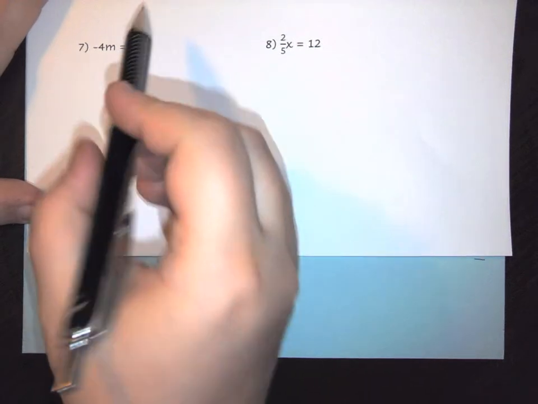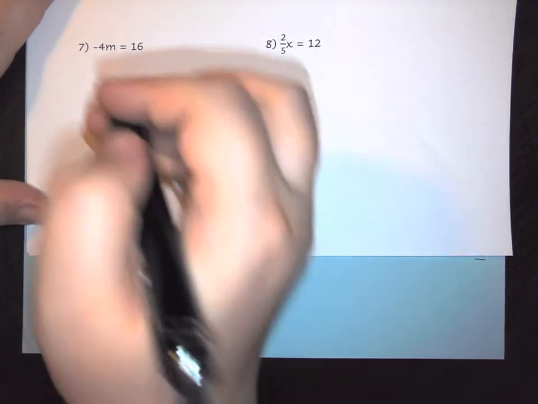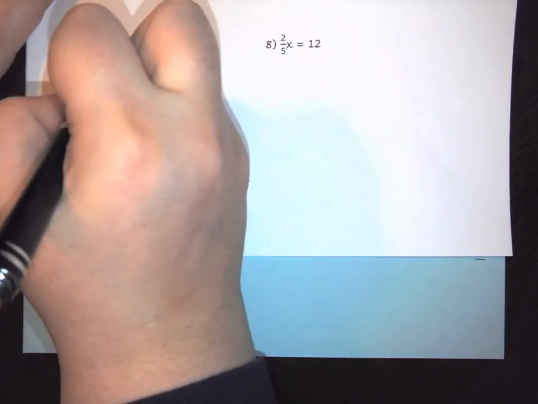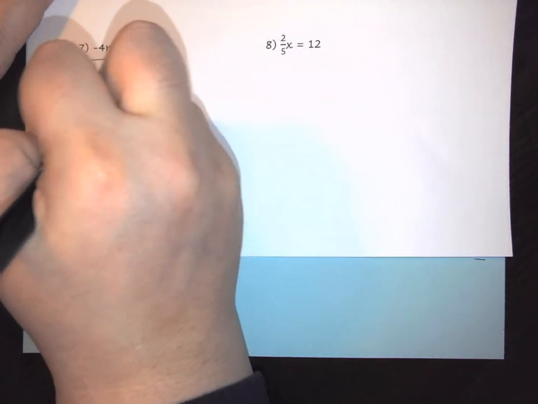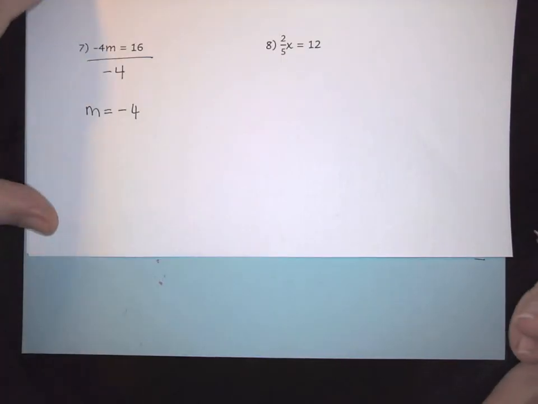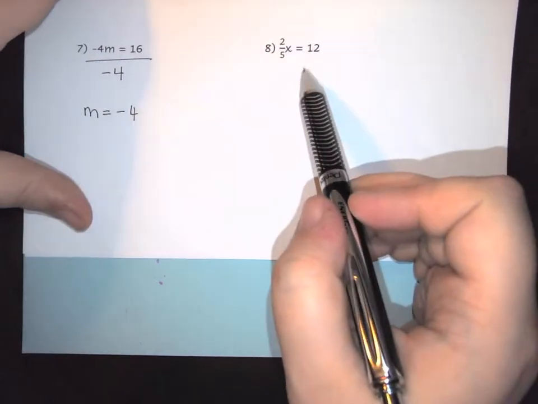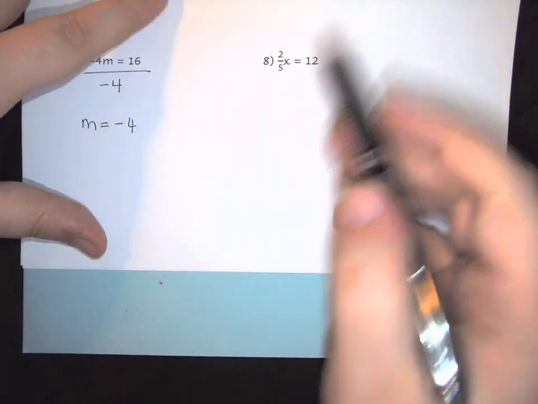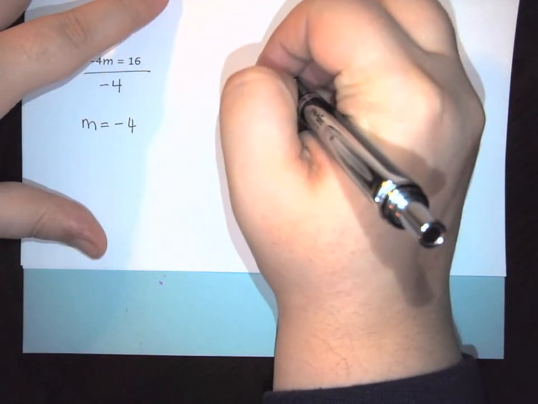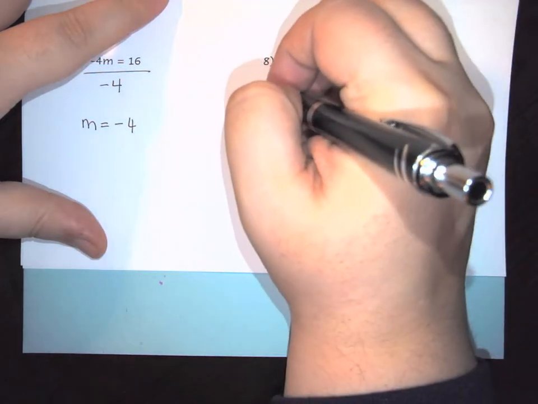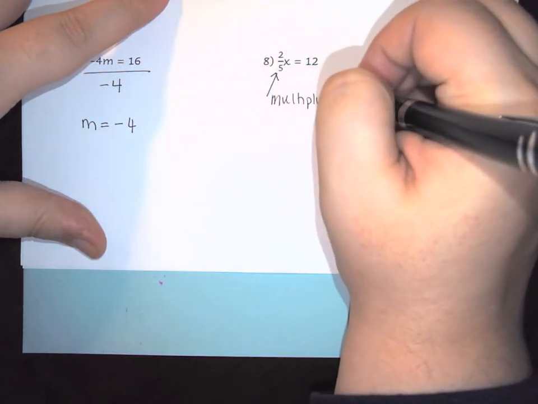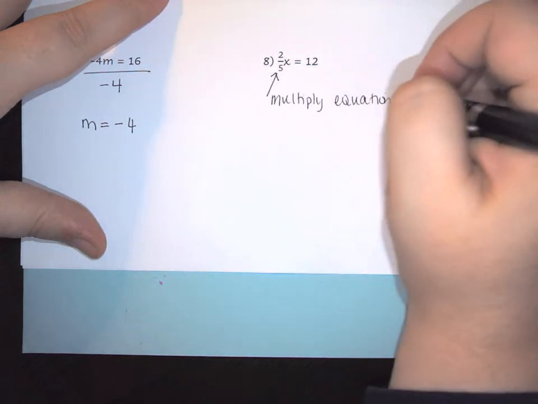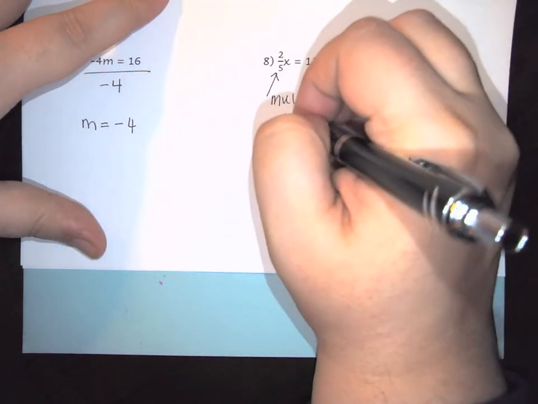Alright, here I have negative 4m equals 16. So I want to divide everything by negative 4, and we end up getting m is negative 4. Now, in this case, I have this fraction here. When we're looking at the fraction, the first thing you want to do is multiply the equation by the denominator.